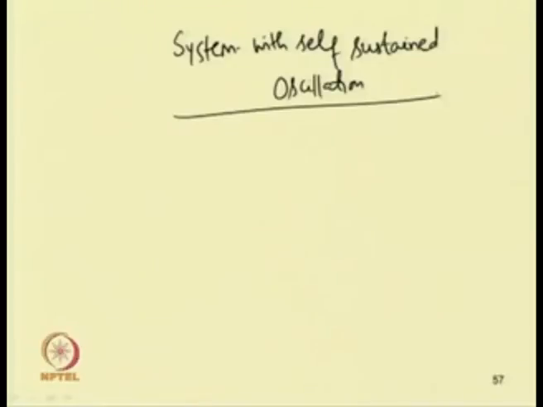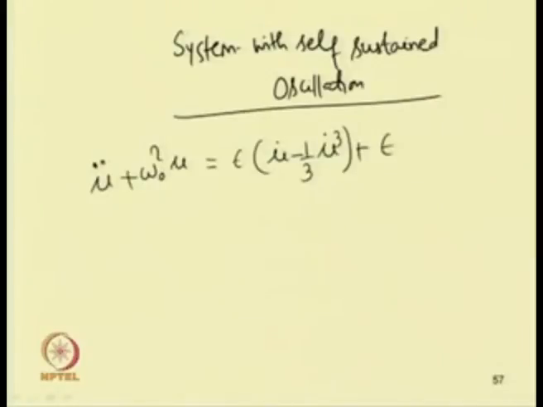Let us consider the equation in this form: u double dot plus omega 0 square u equal to epsilon times u dot minus 1/3 u dot cube, plus let us take the forcing term of the order of epsilon, epsilon f cos omega t.